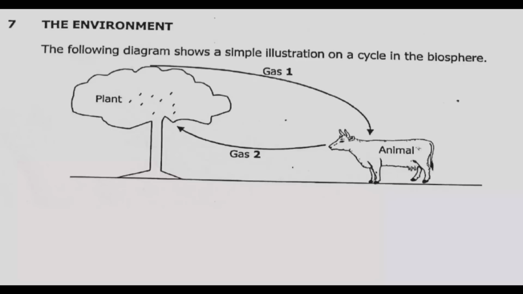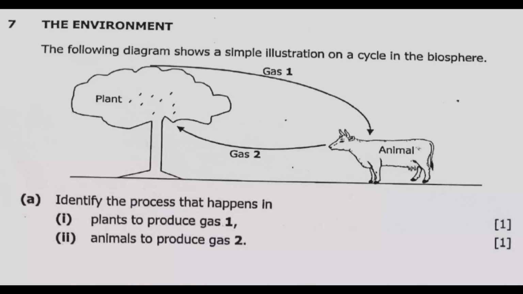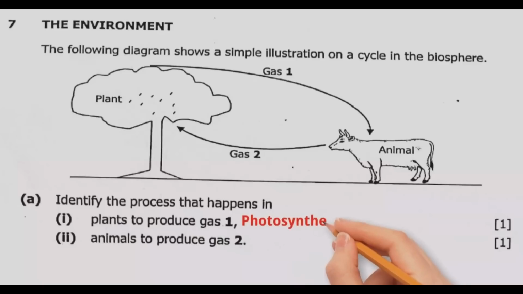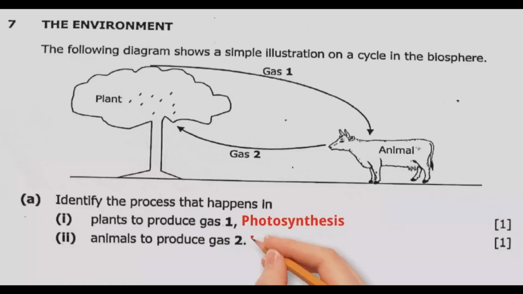Number 1, 7a is identify the process that happens in plants to produce gas 1. So the correct answer there is photosynthesis. What happens there is photosynthesis. Identify the process that happens in animals to produce gas 2, that is respiration.